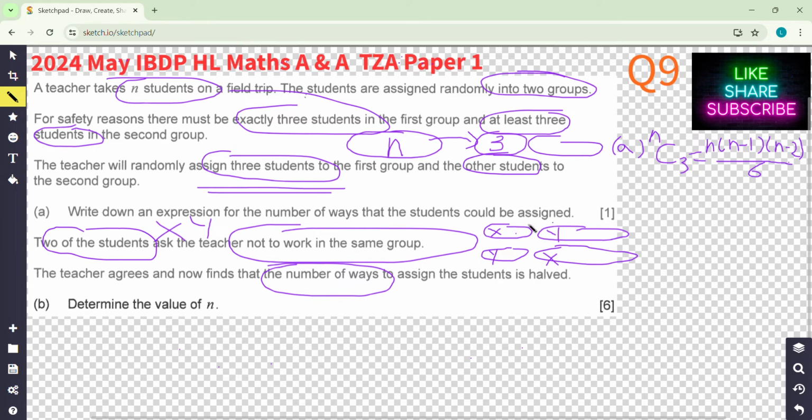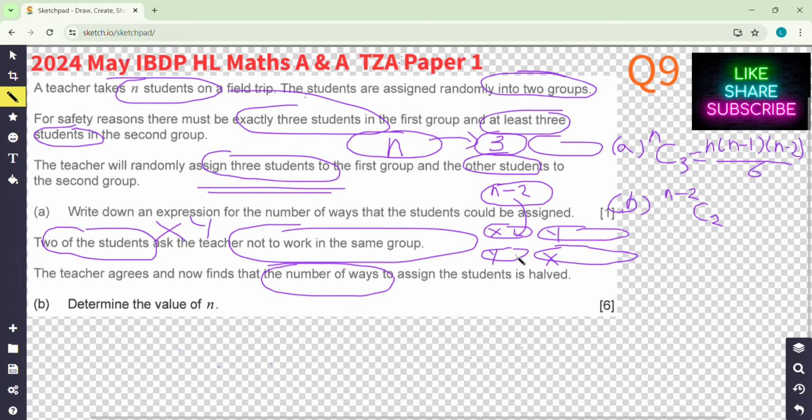So for each such choice, how many ways? If the teacher has already assigned 2 students, n minus 2 students are left, and the teacher has to choose 2 for the first group. So the number of combinations will be (n minus 2)C2.